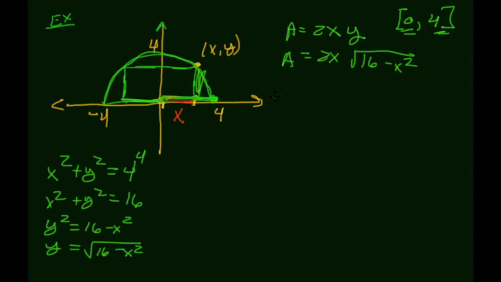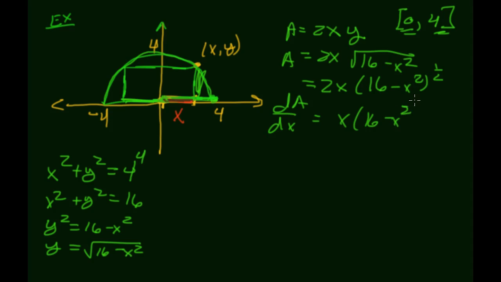So what is left is to figure out when this thing's derivative is equal to 0, right? So let's see. I think I can rewrite this a little bit. Let's be kind of clever about this here. I think I can write this as 2x times 16 minus x squared to the half. Means dA/dx is going to be x times 16 minus x squared to the negative half, right?